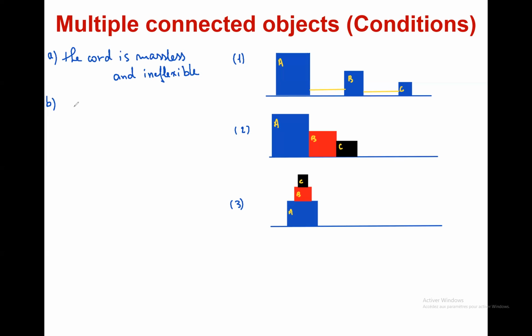B, the acceleration is the same for A, B, and C: A for A equals A for B equals A for C. Point C, the speed is the same for A, B, and C: VA equals VB equals VC.